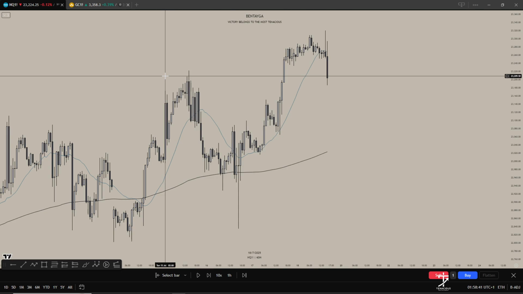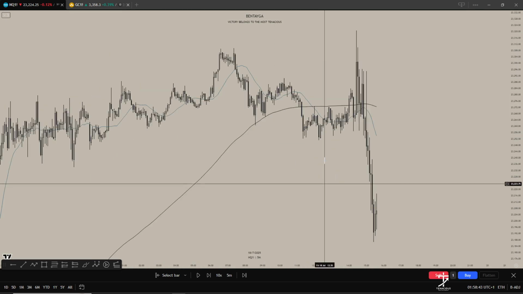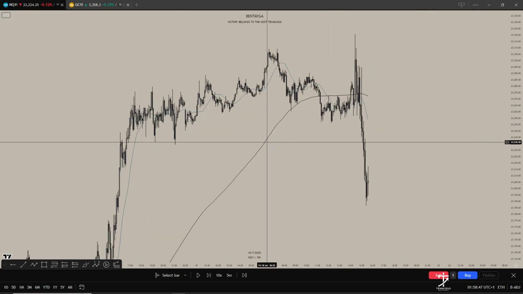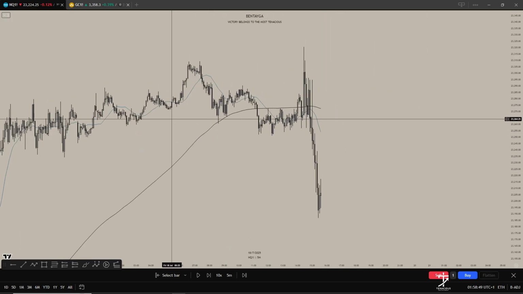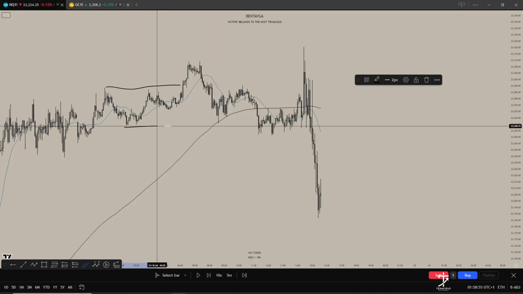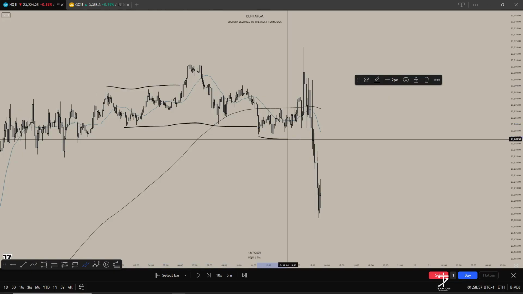So when I go down to my 5-minute time frame, we can see that we was making higher highs and higher lows, and then eventually we had that flip where we took out this high, this low got taken out, this low got taken out.